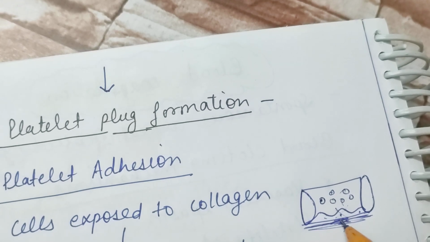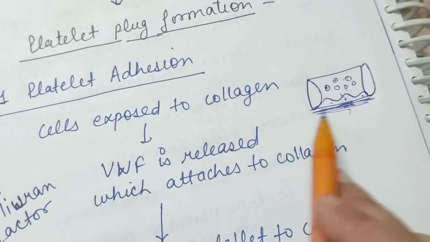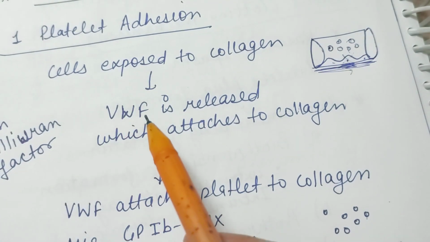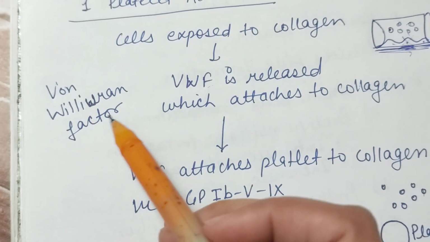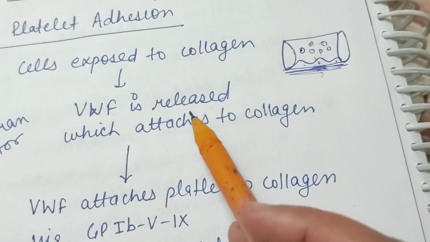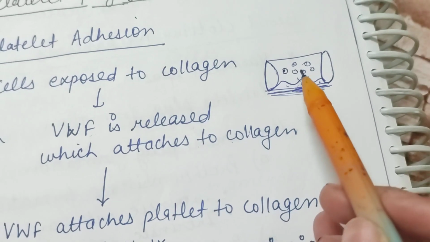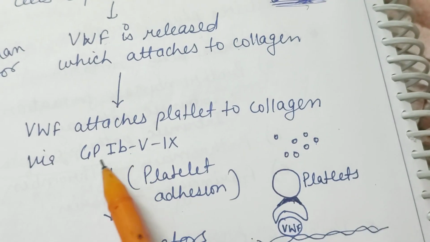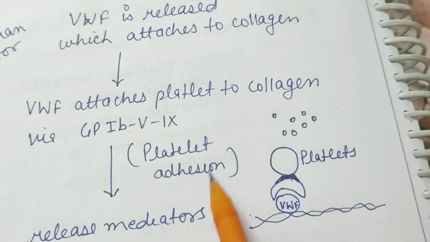So what happens when the collagen underlying the endothelial layer is exposed? There is one factor, VWF, which is von Willebrand factor. Von Willebrand factor is released, which attaches to collagen on one side and to the platelet on the other side by a receptor, which is the GP1B, 5 to 9 receptor. So this is platelet adhesion.